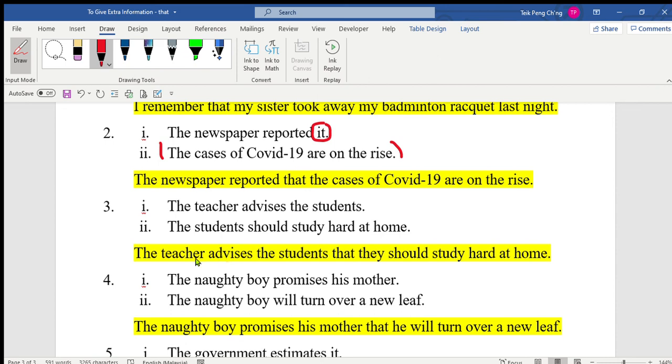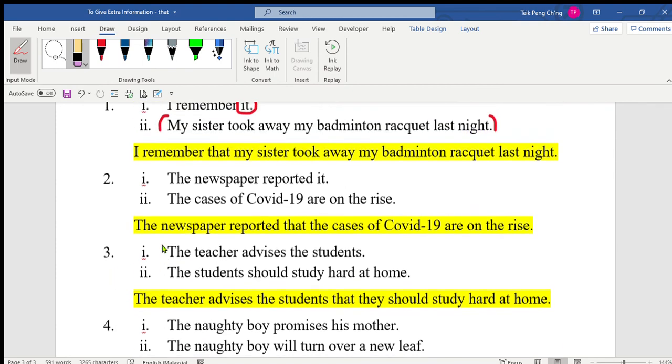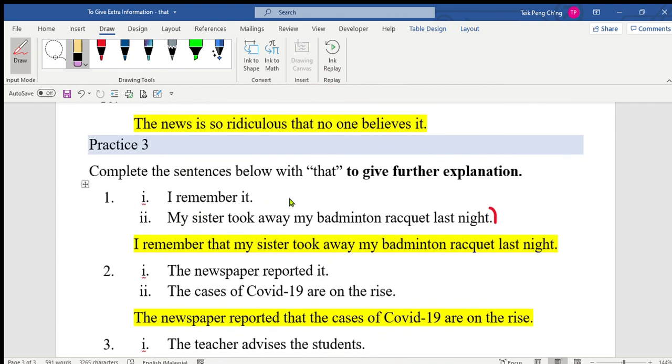I repeat again, look at this sentence. The teacher advises the students, and then you want to tell the readers further about what the teacher advised them. So you use the word that they should study hard at home. And then another thing that you have to know is that normally certain verbs always come together with that.